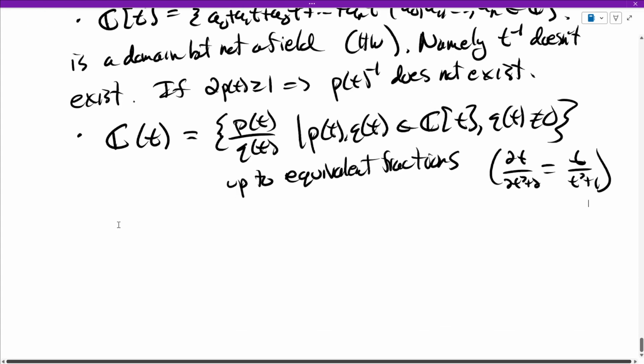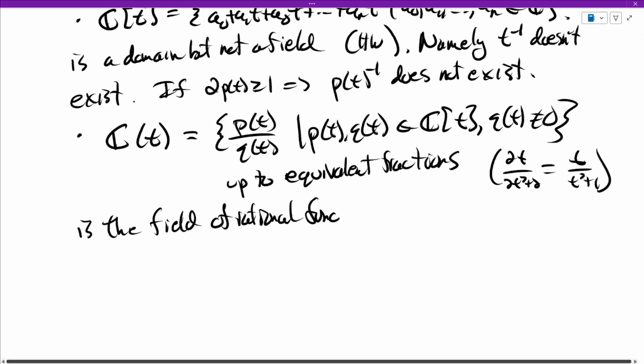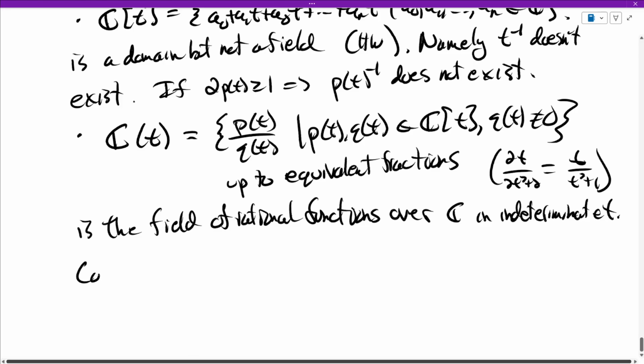And this is the field of rational functions over C in the indeterminate T. We'll show it's a field in a second. Let me just compare, to hopefully make us feel a little bit more comfortable.